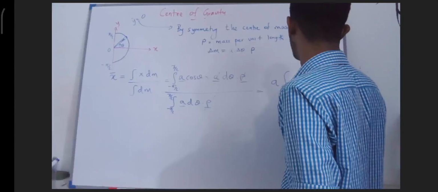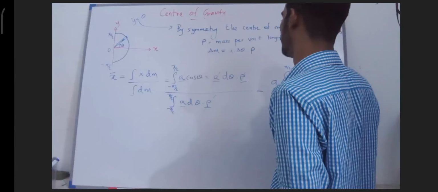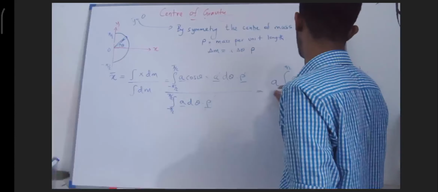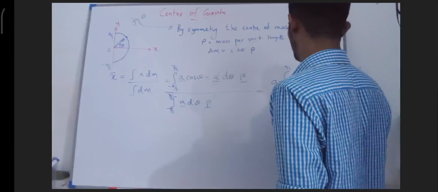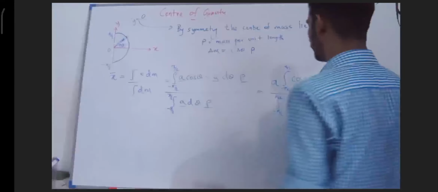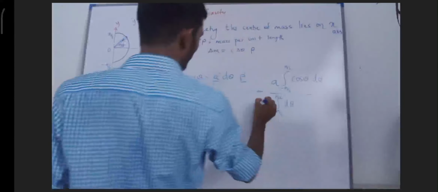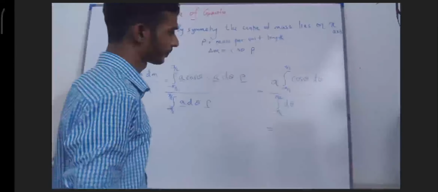A, minus pi by 2 cos theta divided by minus pi by 2, and d theta is also here. So I'm going to write this one here.